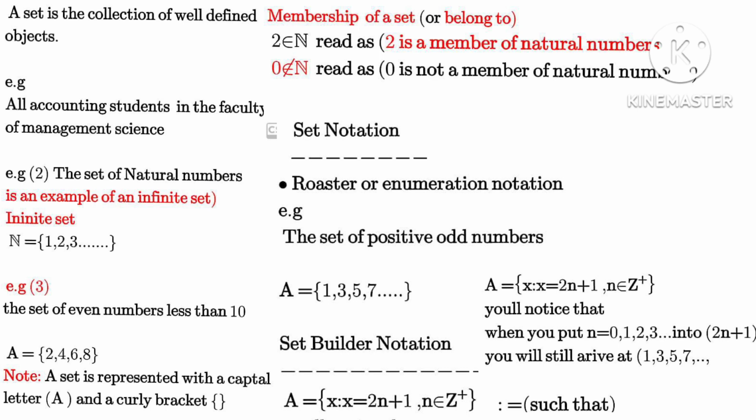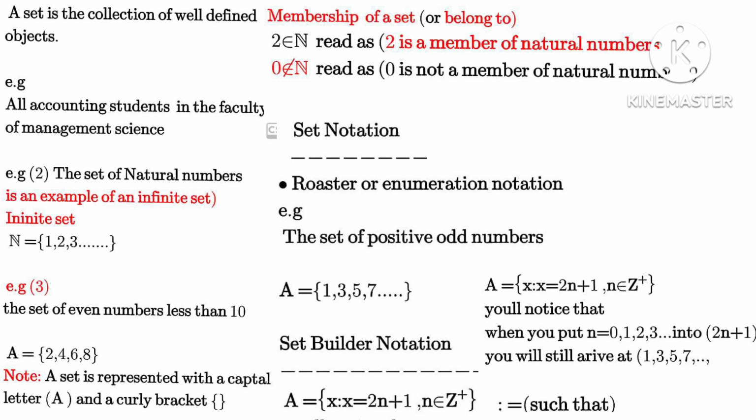A good example is the set of even numbers less than 10. The set of even numbers less than 10 are 2, 4, 6 and 8. You understand? So this is an example of a finite set. Whereas the other one, the set of natural numbers, starts from 1 up to infinity.